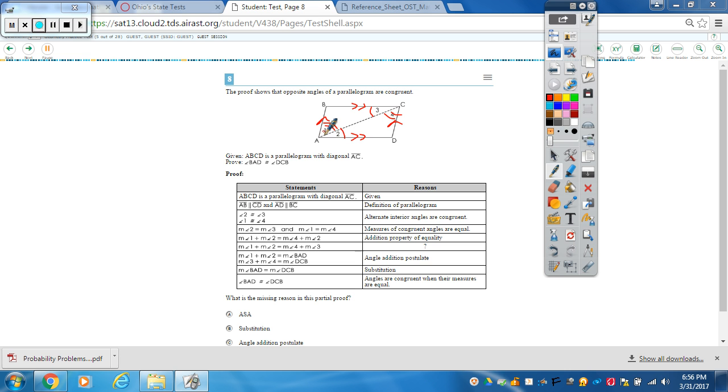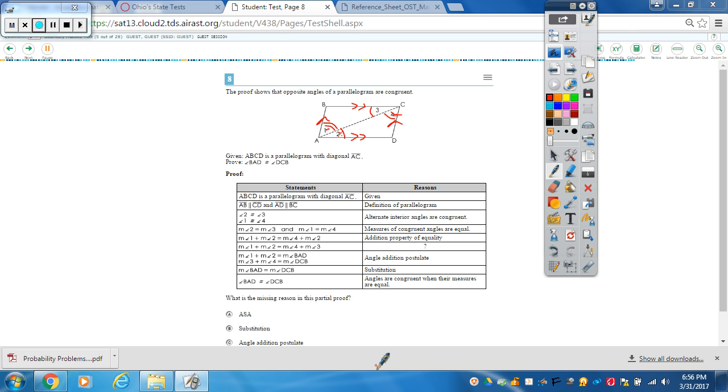If I add this angle plus this angle, that would have to equal this angle plus this angle, because when you add two angles to the same angle, the two angles that you added to that same angle have to be congruent. So if it helps to think of it this way, 40 and 30, and what in 30 would have to be this one? So 40. So 70 equals 70.